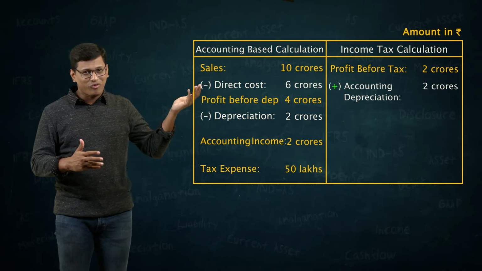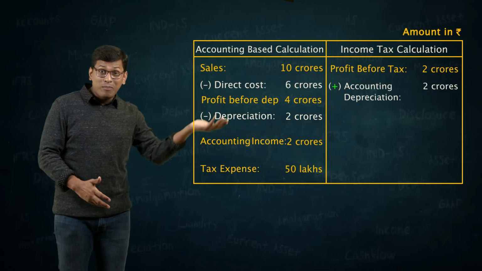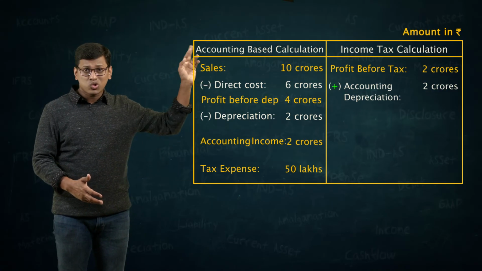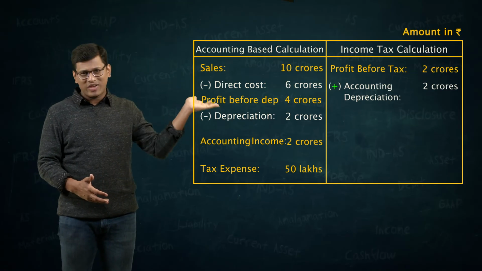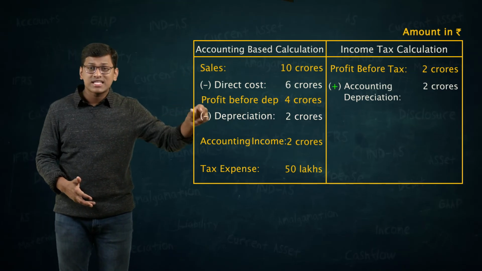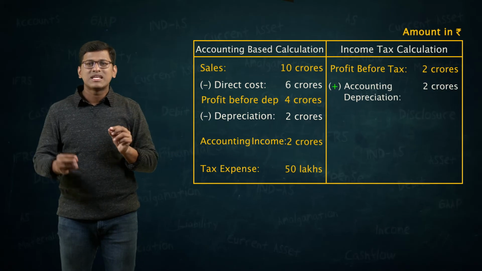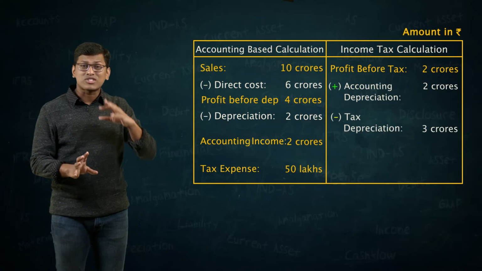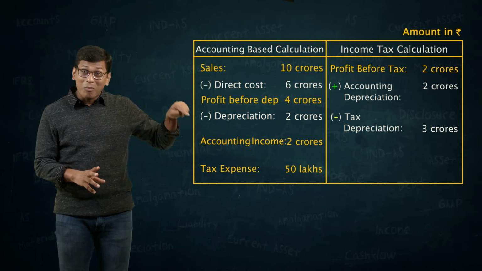So 2 crores is the profit before tax, we add back the depreciation which we applied for accounting. So 2 crores plus 2 crores, we added back 2 crores, minus depreciation as per tax purpose. Say it is 3 crores. Okay. So if it is 3 crores, then what will happen? 2 plus 2 minus 3.